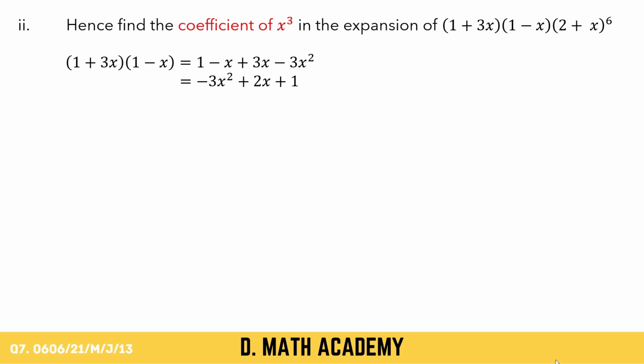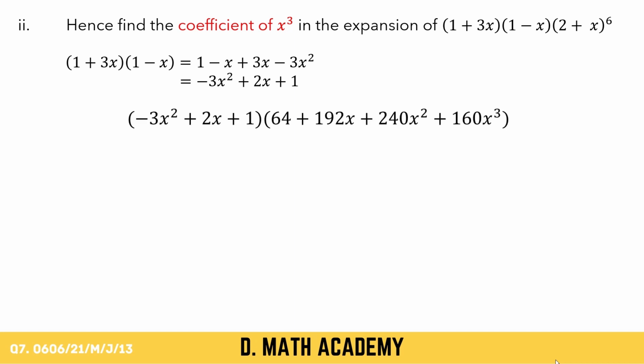Then you get the result of negative 3x squared plus 2x plus 1. Then only you align them, the first 4 terms that we identified earlier, and this negative 3x squared plus 2x plus 1 together.